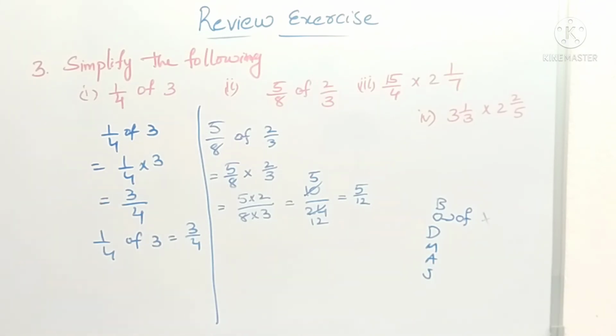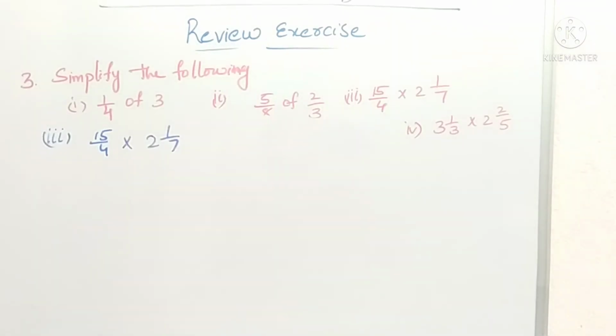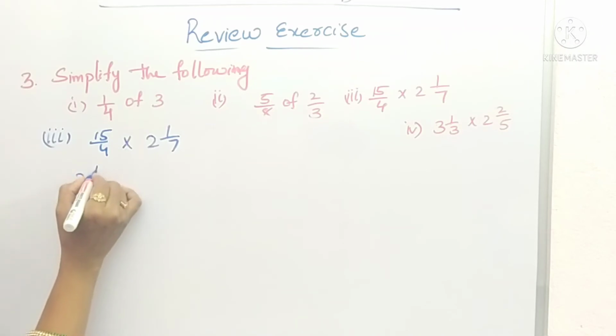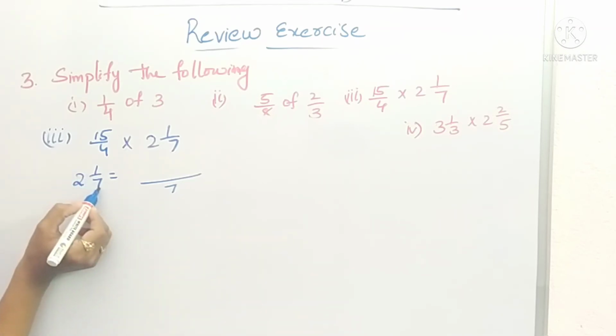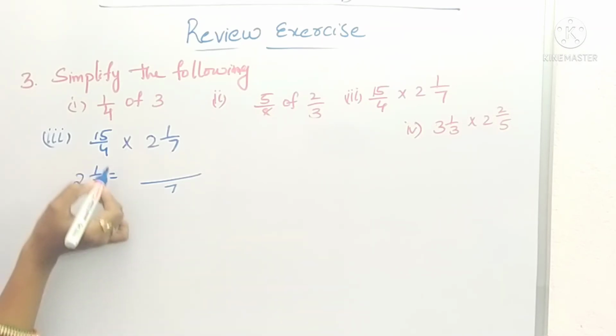In our third one a mixed fraction is given, right? So first of all we have to convert that mixed fraction into a fraction. Mixed fraction 2 1/7: write the denominator as it is, and now from down to up we will go.